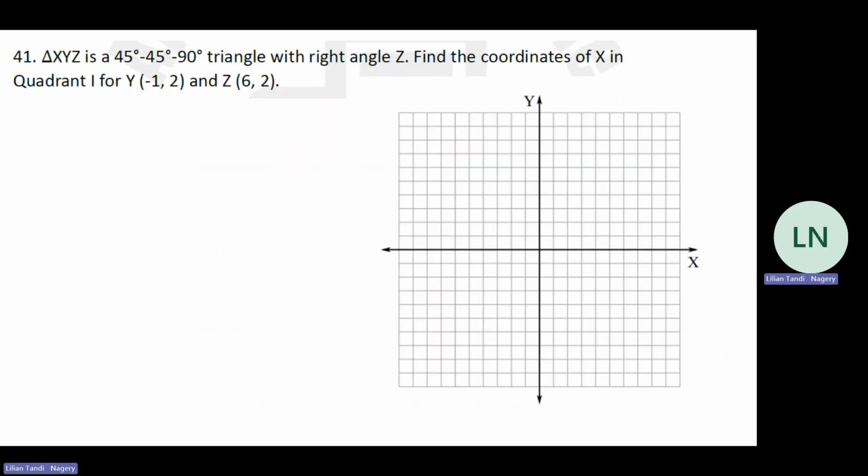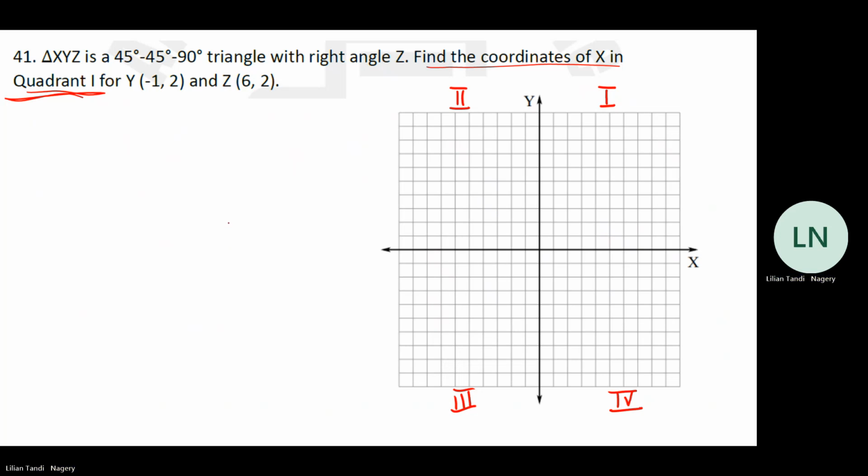You do that. Right. XYZ is a 45, 45, 90 triangle with the right angle at Z. Find the coordinates of X in quadrant 1. So you must know how to label your quadrants. This is quadrant 1, quadrant 2, quadrant 3, quadrant 4. You learned this from grade 3.